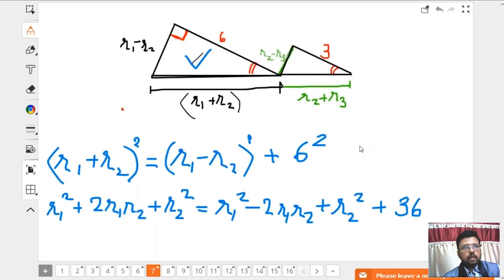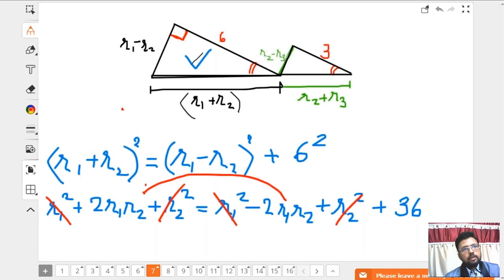Will there be cancellations again? R2 square gone, R1 square gone. This can be shifted to the left hand side. So we'll get 2R1R2, and this will become plus when it comes to the left hand side. Very good. Most of you got 4R1R2 is equal to 36.